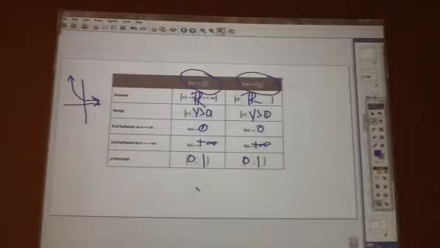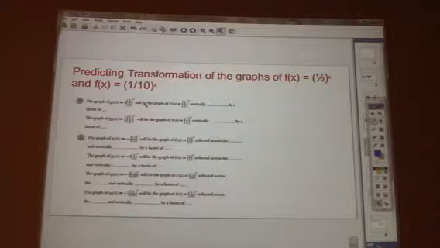Okay, we're going to go through the predicting transformations at the bottom really quick because they're the same thing we've been doing all year long. Starting at the bottom of page 734. The graph of g of x equals 3 to the 1/2 x will be the graph of f of x equals 1/2 to the x. Vertically what?